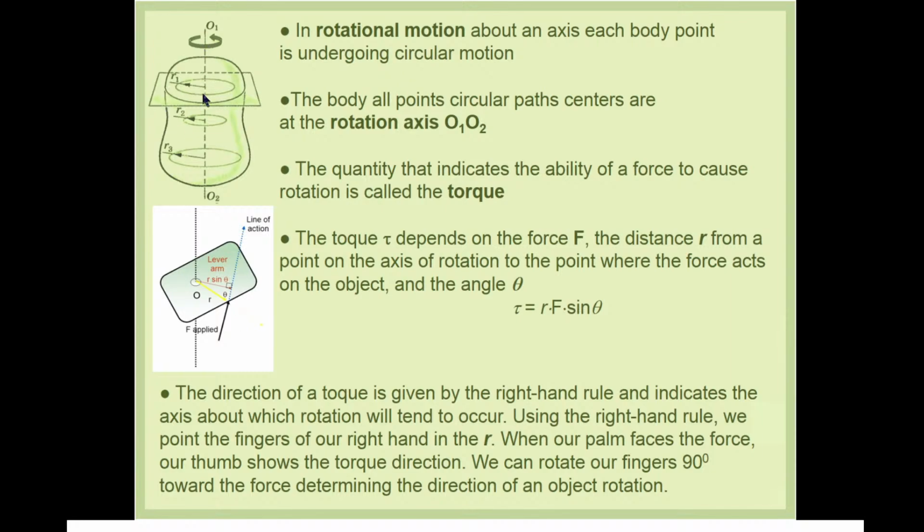You can see these circular paths are of different radii. The centers of these circular paths are on the line going through the body. It is the rotation axis.